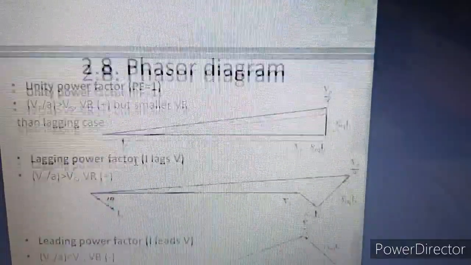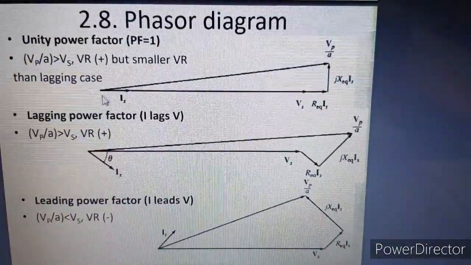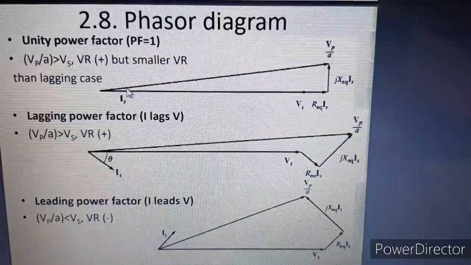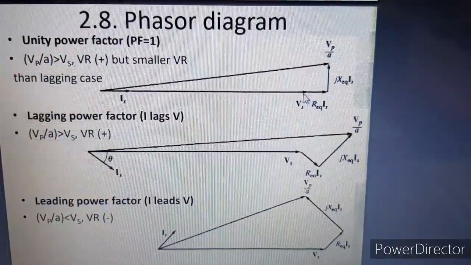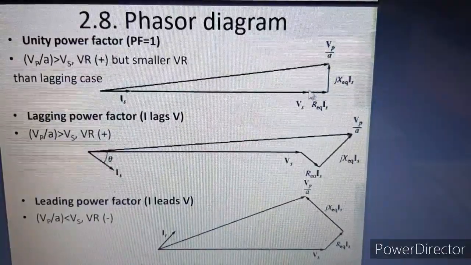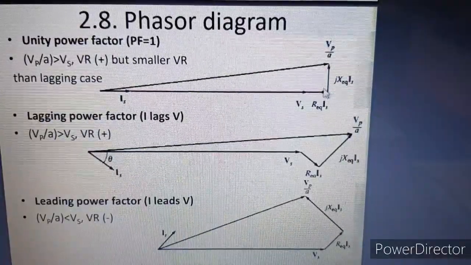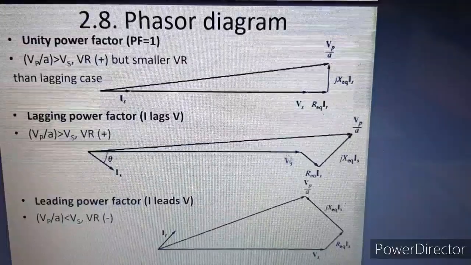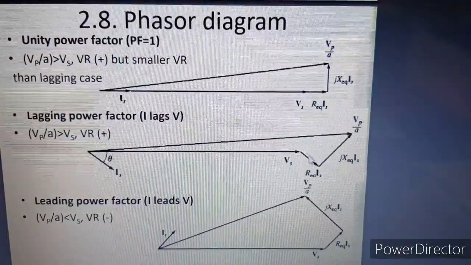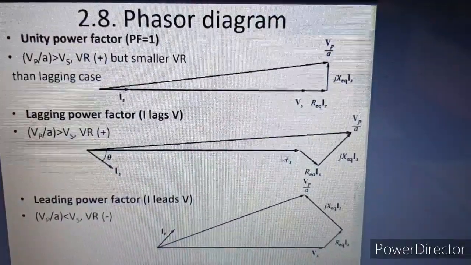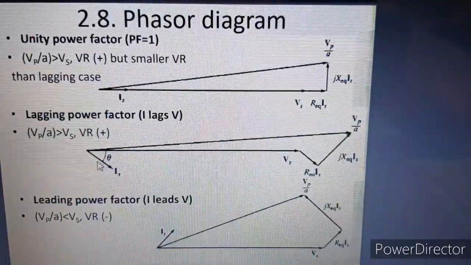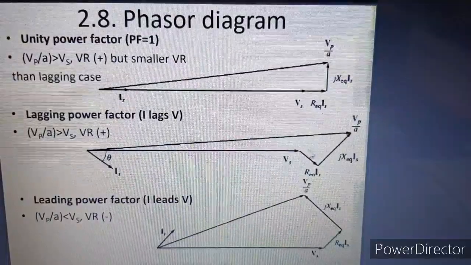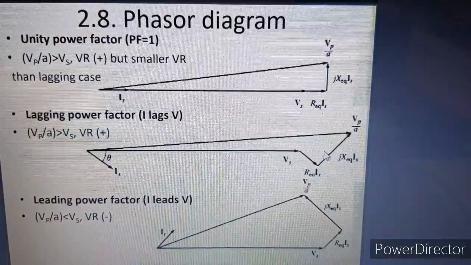For unity power factor, Is is at 0 also, so from Vs, the second term, R equivalent Is, is also at 0 degrees. For lagging, the second term, R equivalent Is, follows exactly the same angle as Is, so this theta equals this theta if you extrapolate the dotted line.